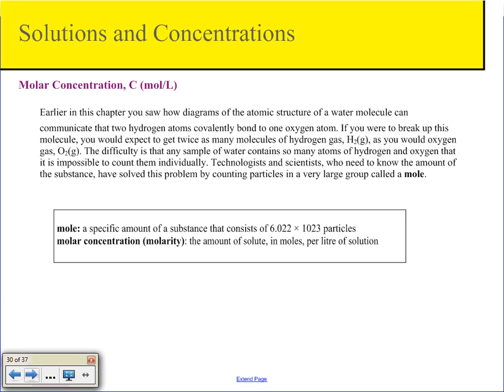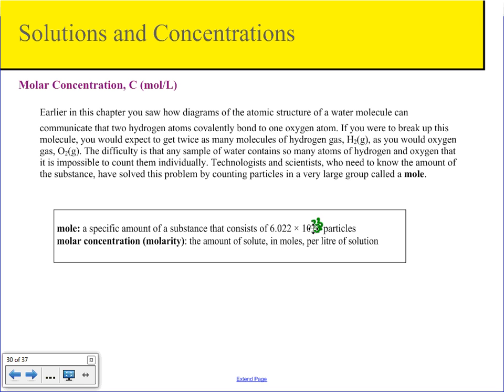Technologists and scientists who need to know the amount of a substance have solved this problem by counting particles in a very large group called a mole. A mole is a specific amount of substance that consists of 6.022 times 10 to the power of 23 particles.